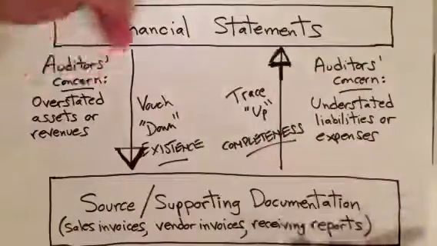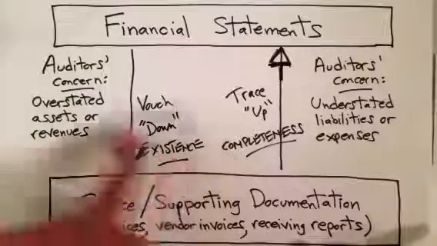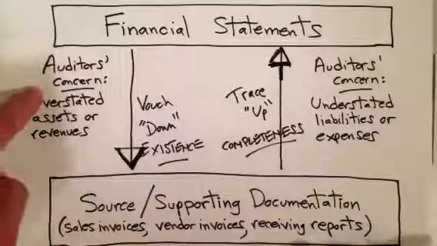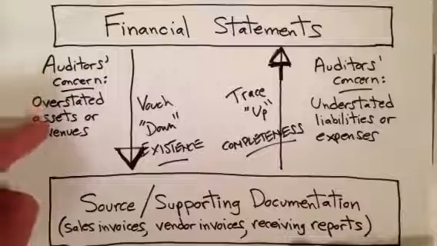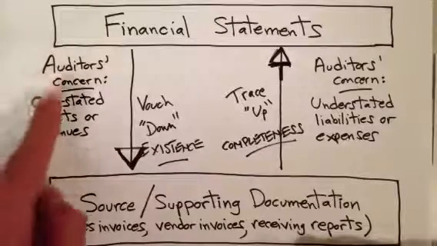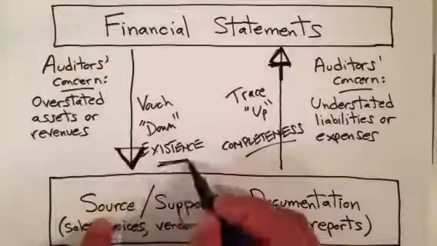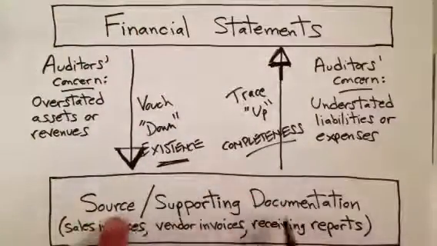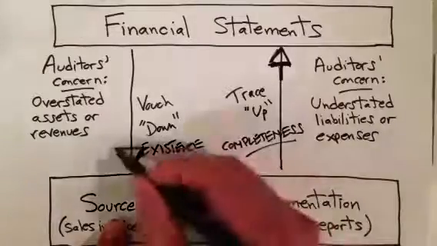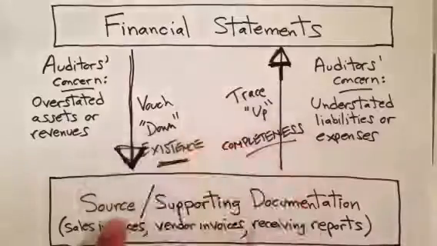So when we vouch down, we are testing for existence. The auditor is concerned that the client has overstated assets or revenues in the financials. So if we're worried that certain things are overstated, we will vouch down for existence to see that there is support in the supporting documentation. And here's the V on the arrow where we're vouching down.